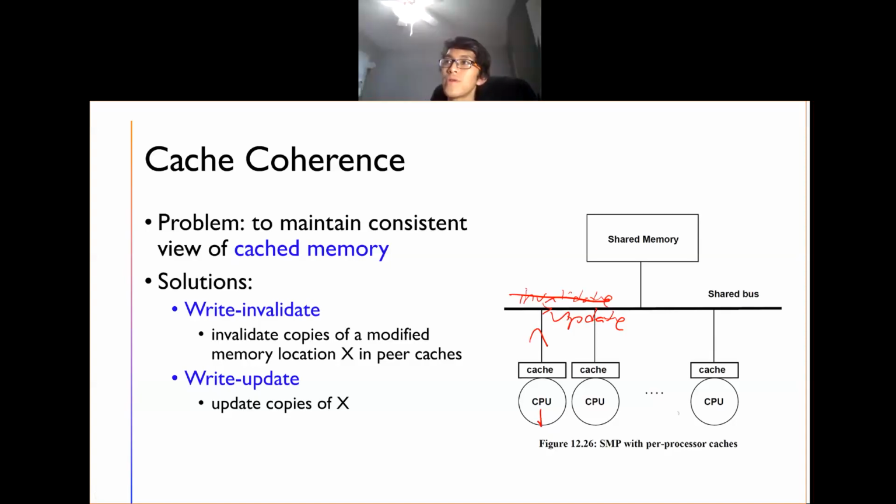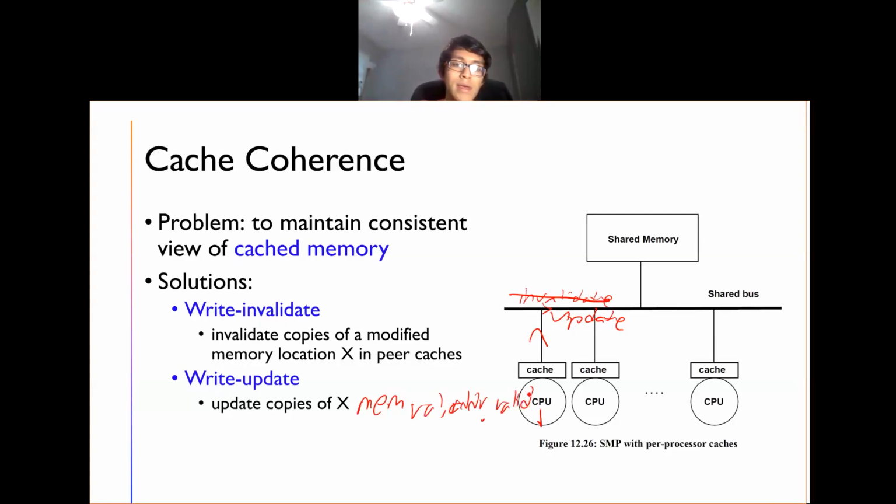Okay, yeah. So in the write invalidate methodology, the other CPUs don't update their memory location X. So recall a cache has a memory value, memory address, and a valid bit.